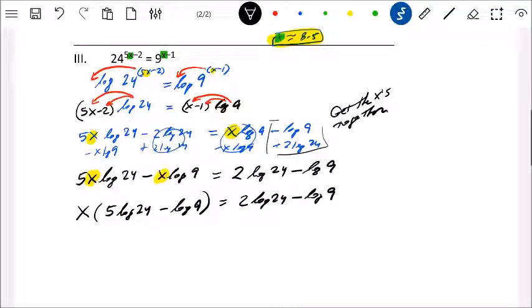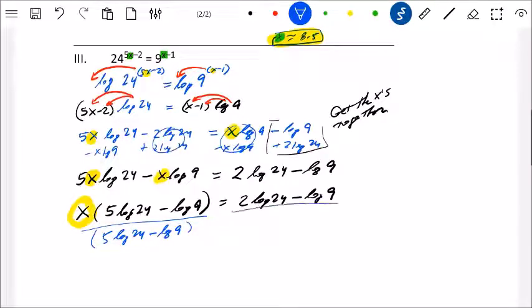And so what we have here is this x now is a common factor. We can divide both sides by this 5 log 24 minus log 9, and we'll divide both sides by that.